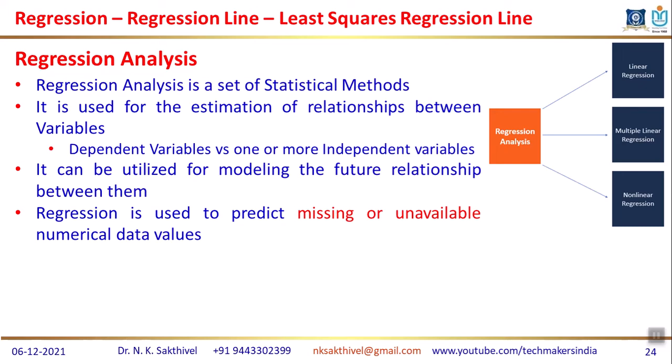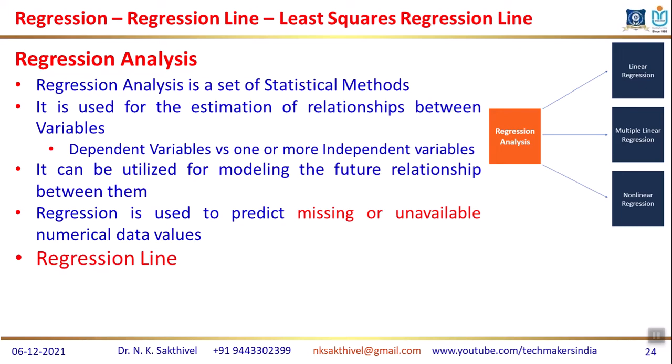The independent variable may be one variable or more than one. If it is one variable, then it is called linear regression. If there is more than one independent variable, based on which you predict the dependent variable, then it is called multiple linear regression. And non-linear is called polynomial equations, you know very well. So this is the primary objective.